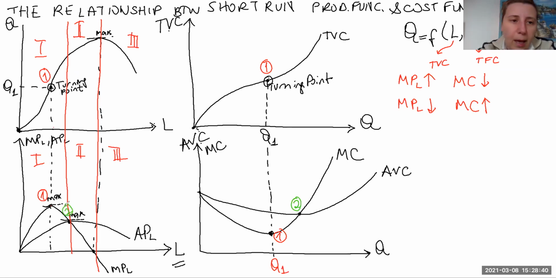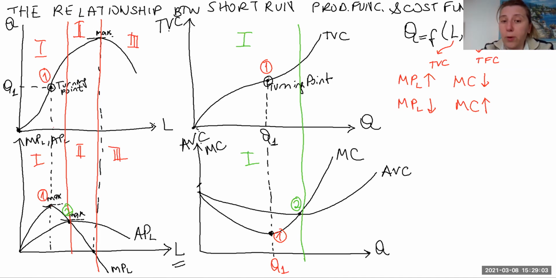Until point 2 was the stage 1 of the production, and it is the stage 1 of the cost functions. So again, we have two parts of average product of labor, increasing part and decreasing part.